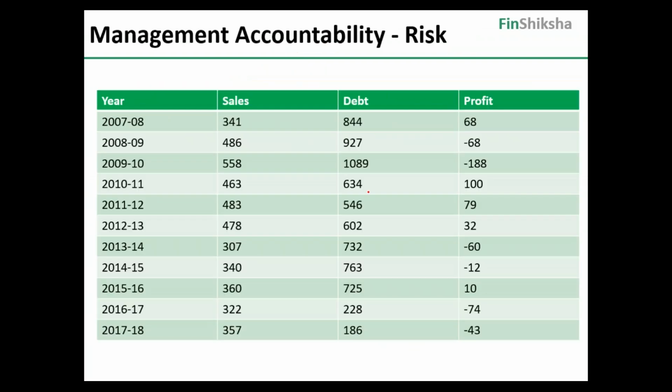All right, so let's move on. The final in the management accountability is the risk taking ability. So this is the example of Subex. The only thing which you have to keep in mind is the sales.